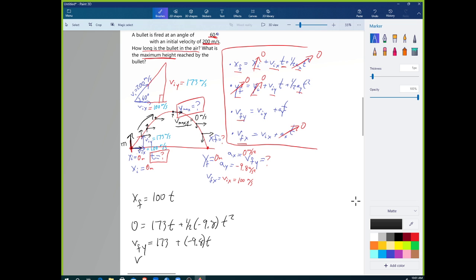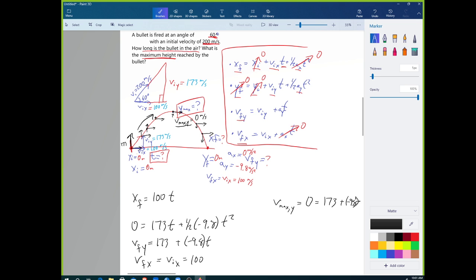I have vfx equaled vix, which equaled 100. And then I'm going to go ahead and do the velocity equation again, but for the max at the y. That equaled 0, which was the same thing as, let's see, that viy was the 173 plus negative 9.8.